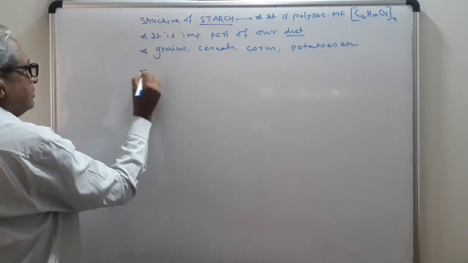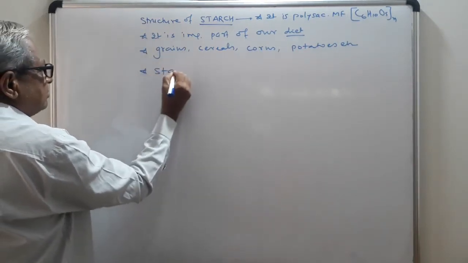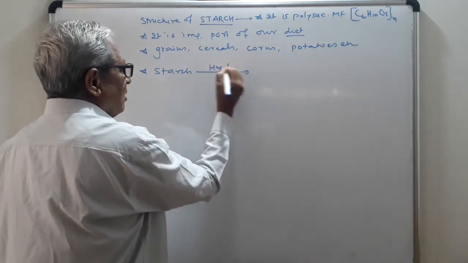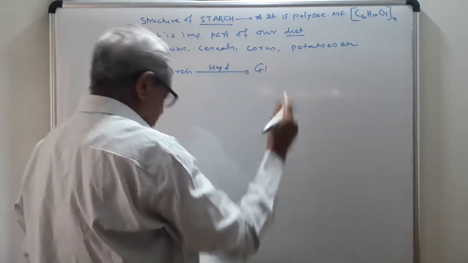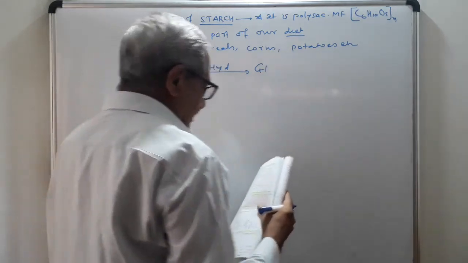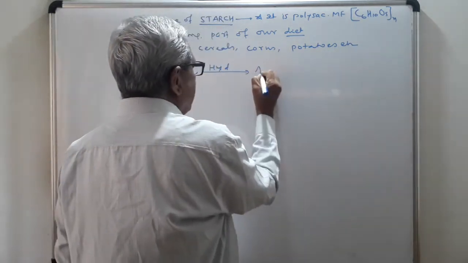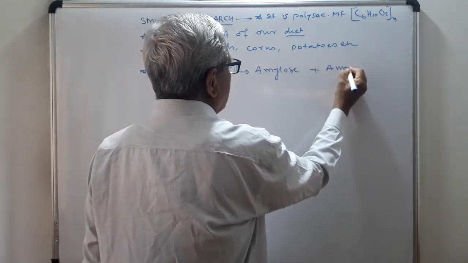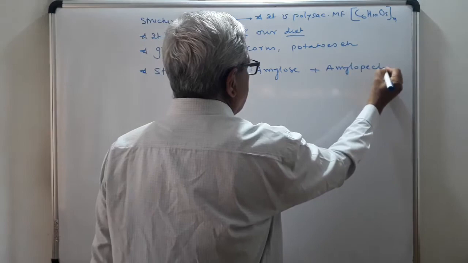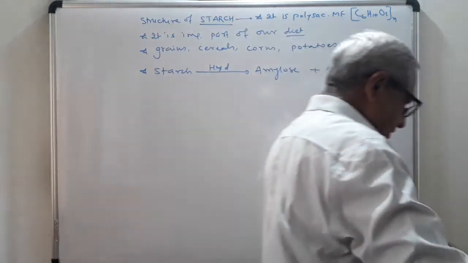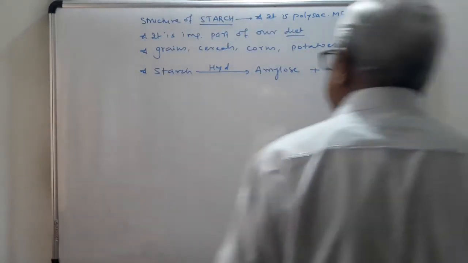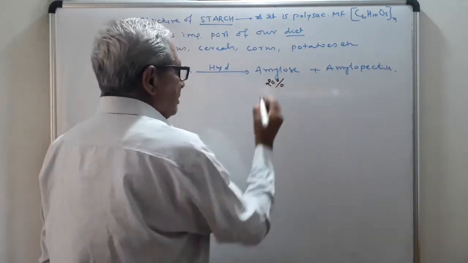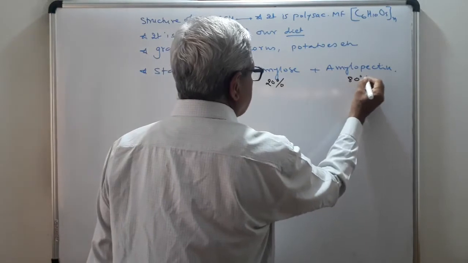Fourth important point, starch on hydrolysis gives amylose and amylopectin. Now see, amylose is present 20% and amylopectin is present 80%.